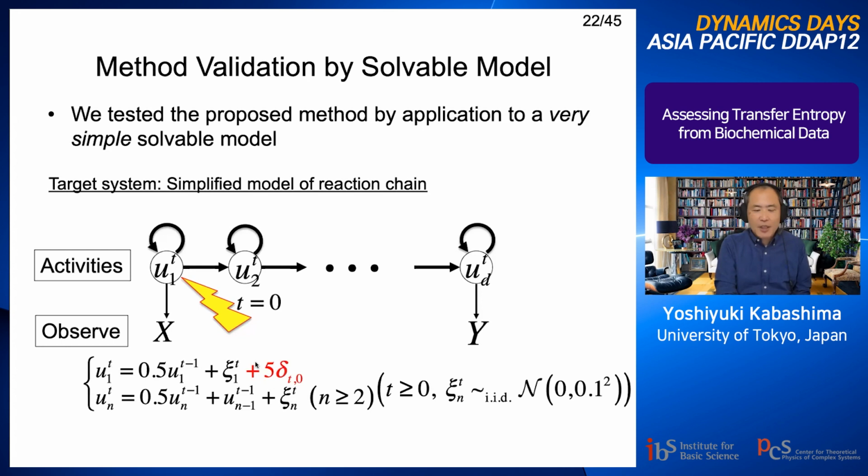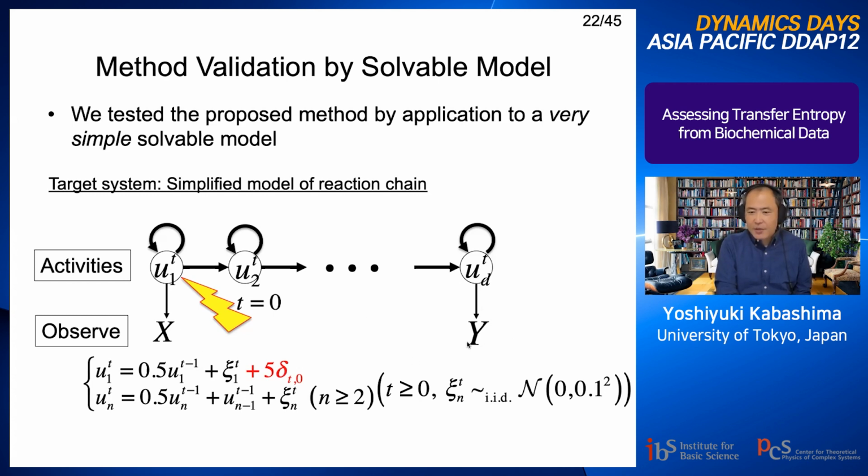At time t equals 0, a stimulus is given at the U1, and the stimulus is propagated to the right direction, like this one. And for each time, we observe the U1 and the UD. These two components correspond to the X and Y.